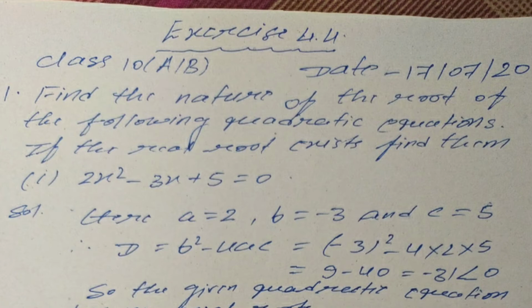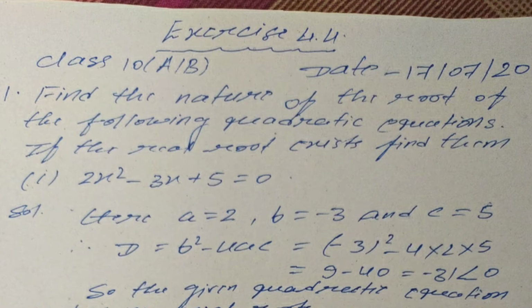So how to find out the nature of the root? That is, D equal to b square minus 4ac.